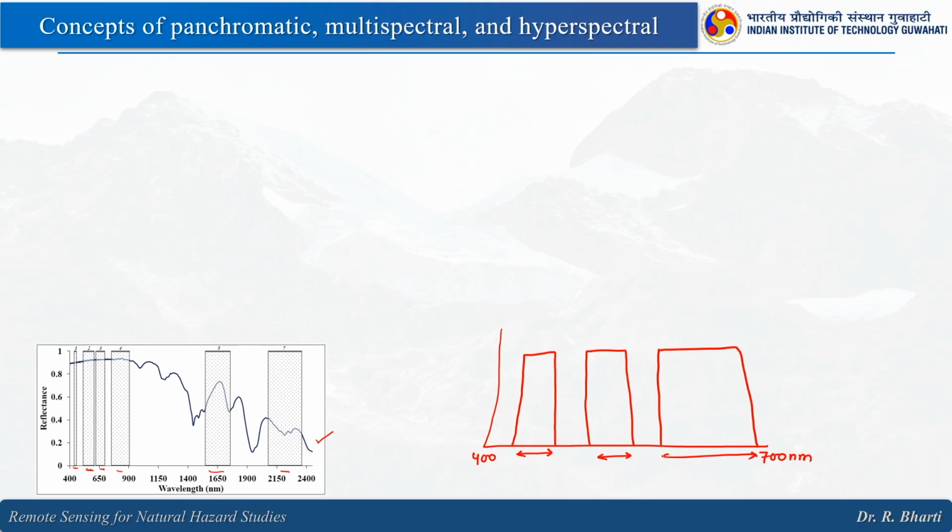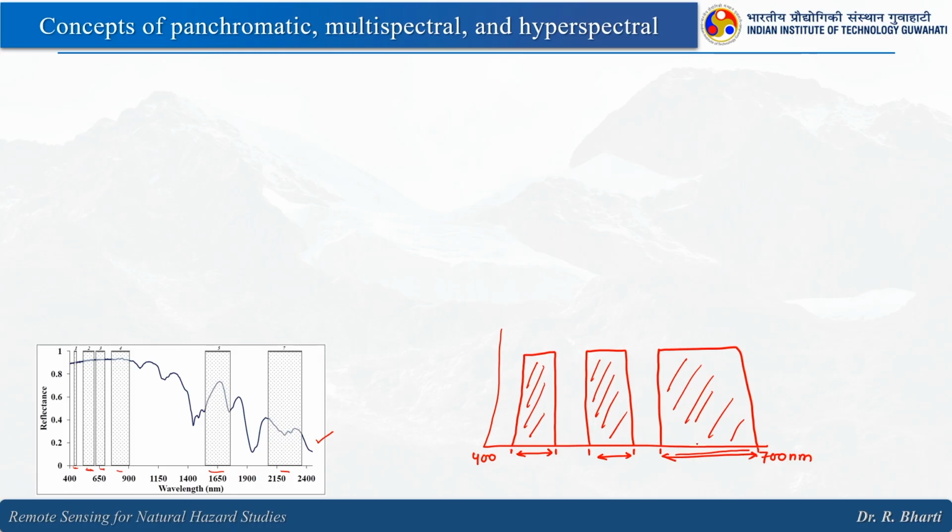So, this is up to the developer of this sensor, what is the objective of the mission, and then accordingly we select what are the wavelength ranges that we have to use to design a particular sensor. So, in this particular sensor there will be 3 different types of detector, one which is sensitive between this to this wavelength, another set of detector which is sensitive between this to this, another detector which is sensitive between this particular wavelength range.